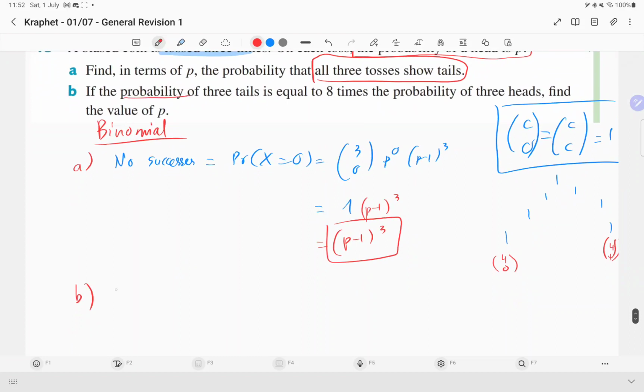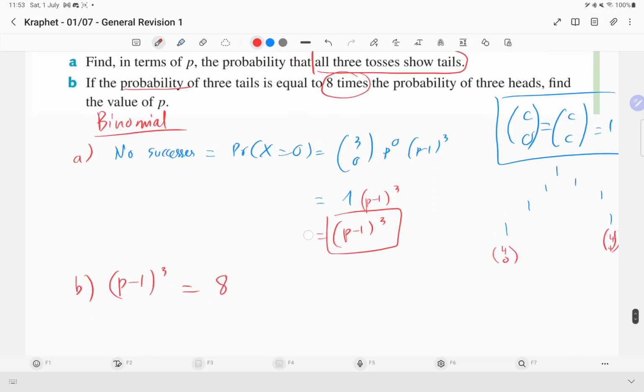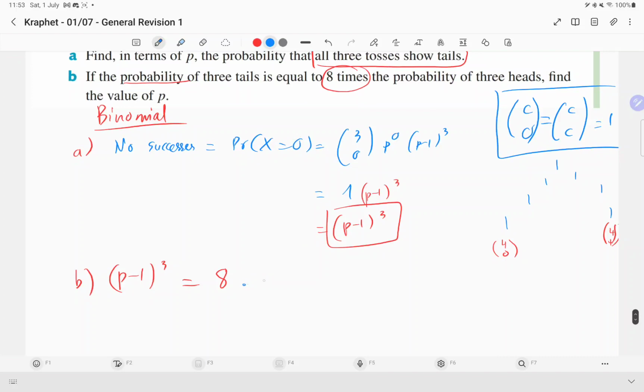The probability of 3 tails is what we just found, so (1 minus p) to the power 3 is equal to 8 times the probability of 3 heads. What's the probability of 3 heads? Three tosses, head, head, head. Almost the same, because it's 3 successes. If you fail 3 times, that's the only option.